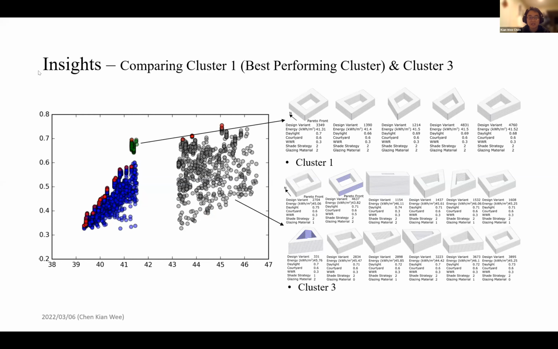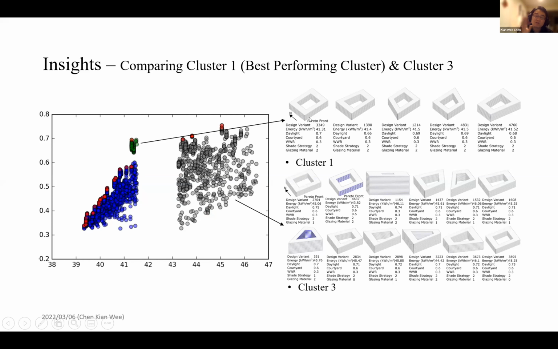So you can see cluster 1 is very high performing. It's performing very well in terms of daylighting, and quite okay in terms of energy consumption. Not as good as cluster 2 in terms of energy consumption, but the daylighting is performing quite well.